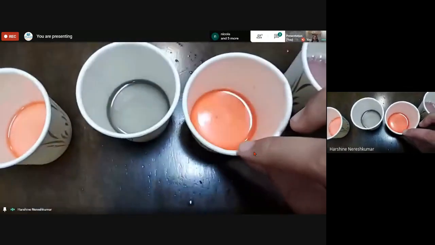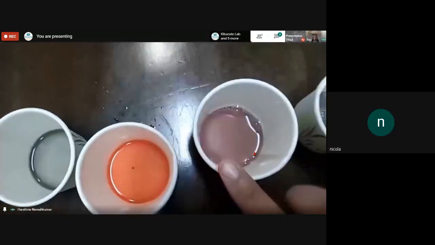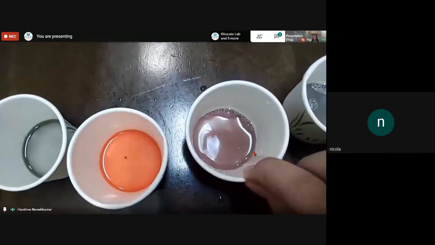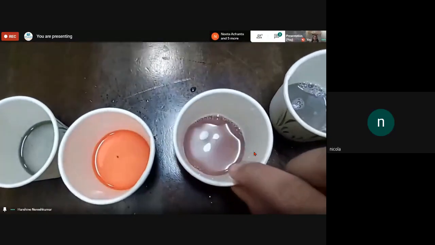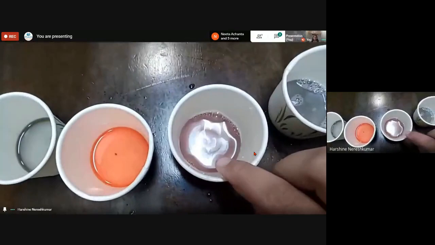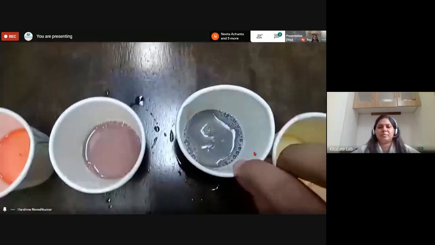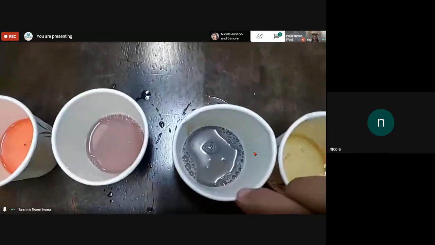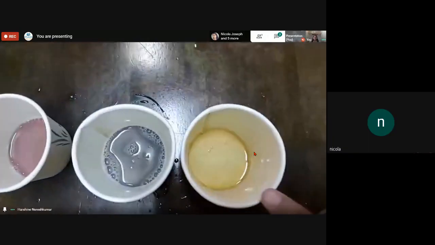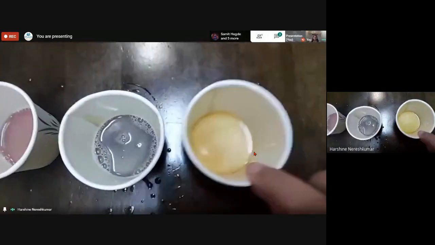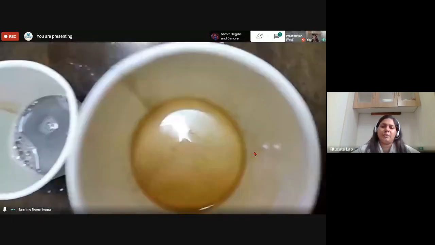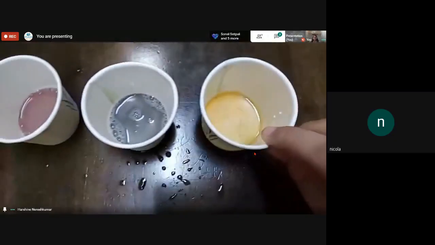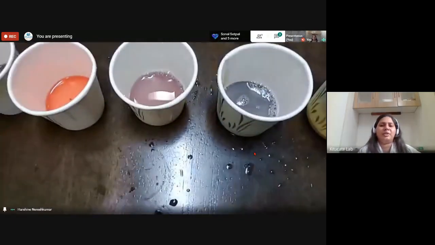It turned pinkish. After that, it's the shampoo. It turned a little purplish color. Then the hand wash like this. And then the laundry detergent, it only turned yellow. Okay. That's all. All right. Very good.